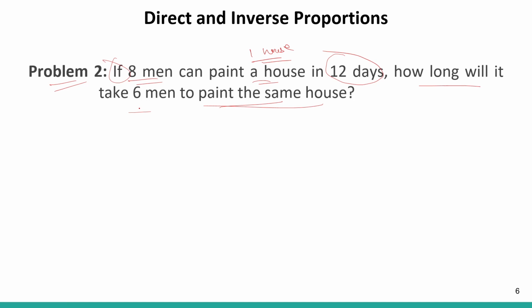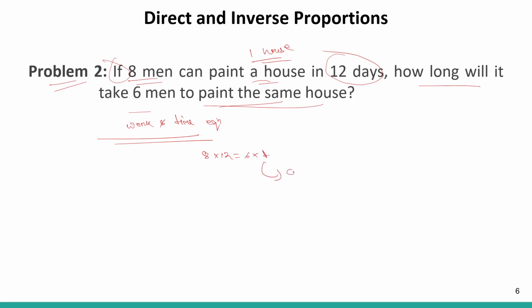Let's use again the work time equation. It is the number of workers, 8, into the time it took, 12 days. And for 6 men, 6 into T, let's say.